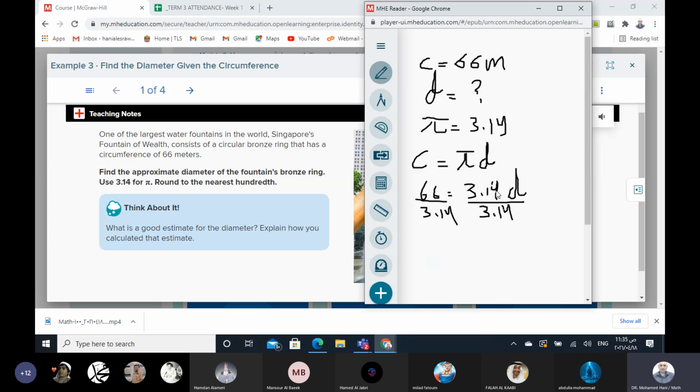So 3.14 divided by 3.14 remains 1D, which means D equals 66 over 3.14.